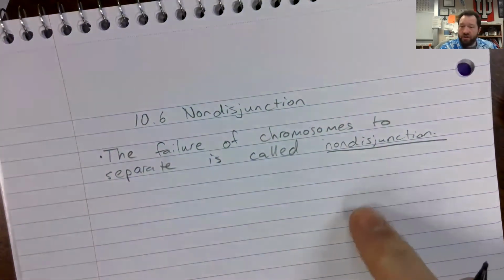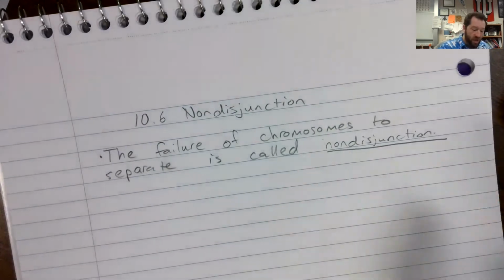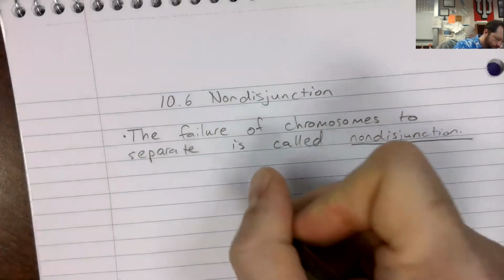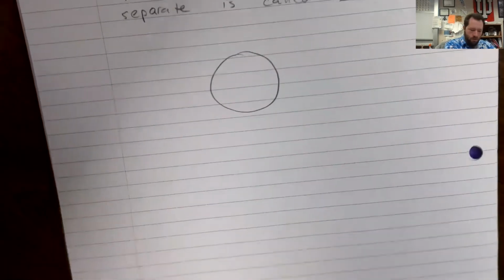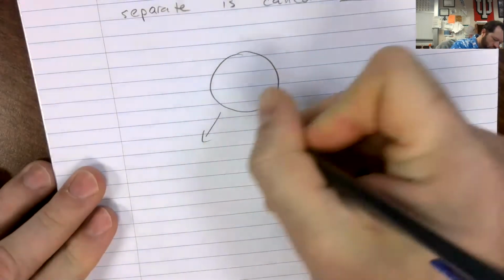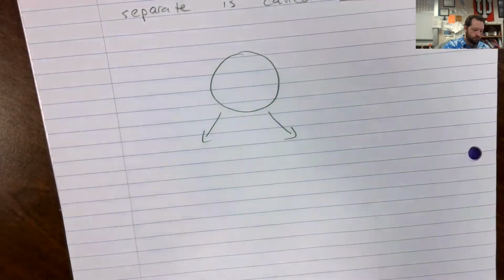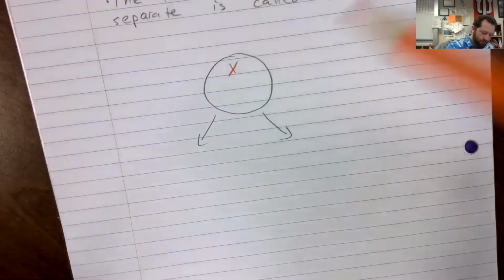So disjunction sounds like separation, right? They're separating. So non-disjunction is when it doesn't happen. Generally, we'll be looking at non-disjunction occurring in meiosis, and it can happen in one of two places.